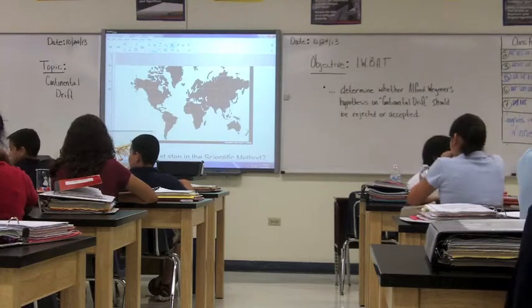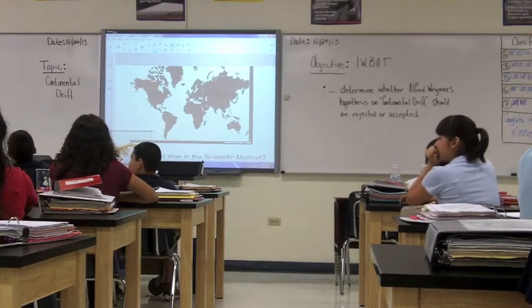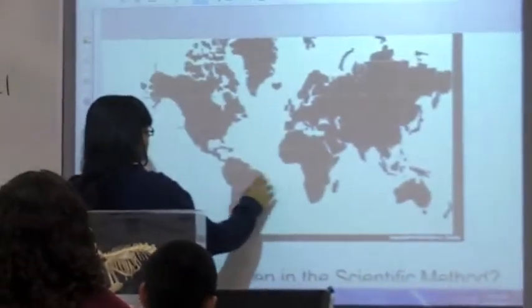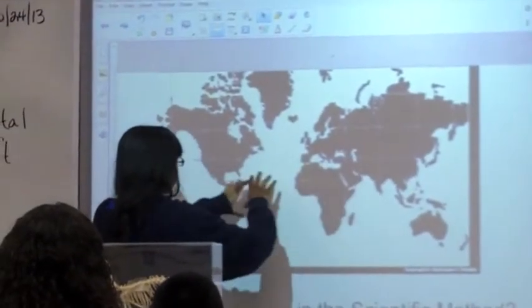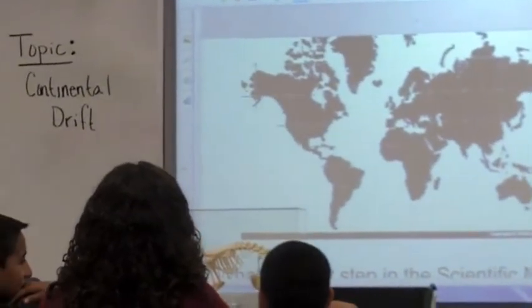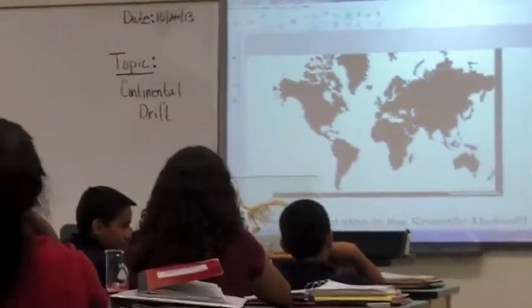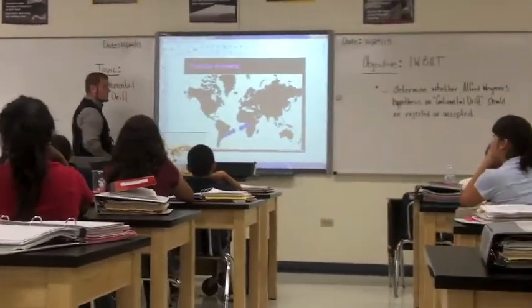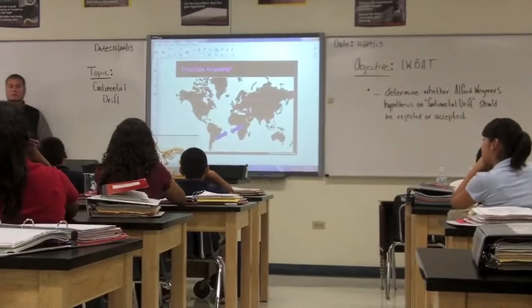Yeah, come on up. Pay attention, everybody. Look at it. It kind of looks like it does go together. Like this piece is here, and if you put it together, it can be one piece. Okay. Very good. I kind of agree with Rose. That piece kind of looks similar, right?